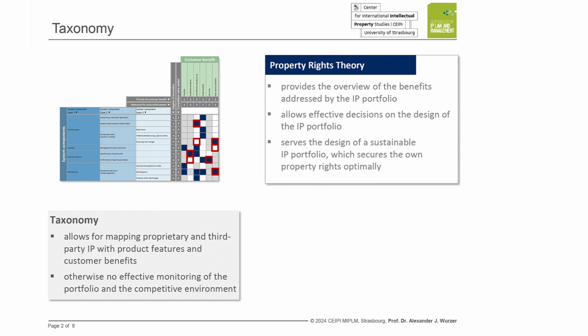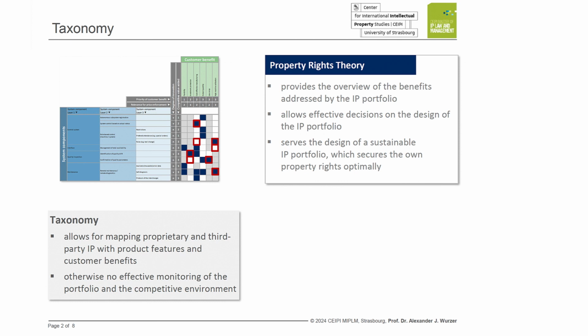What is also combined in this taxonomy is the combination of the system compounds with not only the own IP rights, but also the competitors' IP rights, and it's also ranked which compound, which IP right is connected.